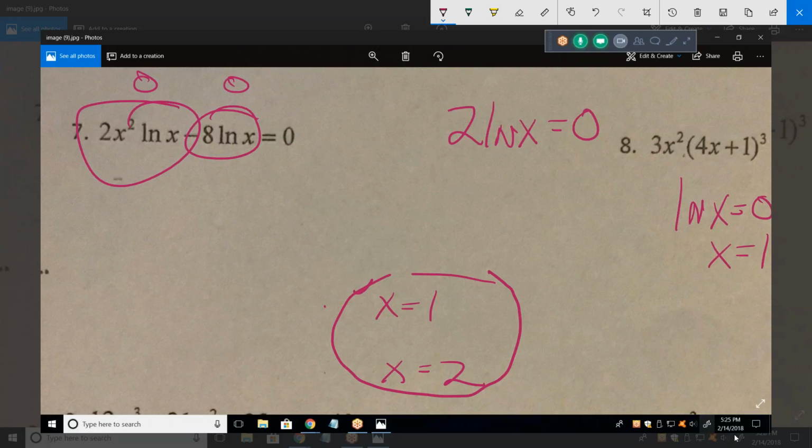And 2 is going to work for x. The reason I don't have to check is because it doesn't violate any domain. You can square 2, and you can take the natural log of 2. So the only ones I'm going to throw out are the ones that violate the domain.